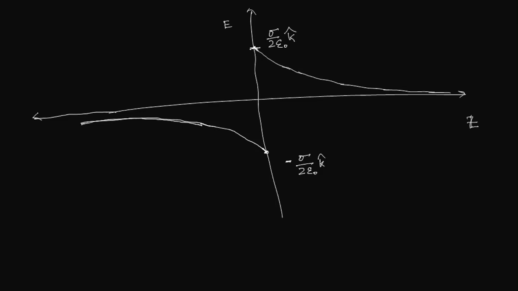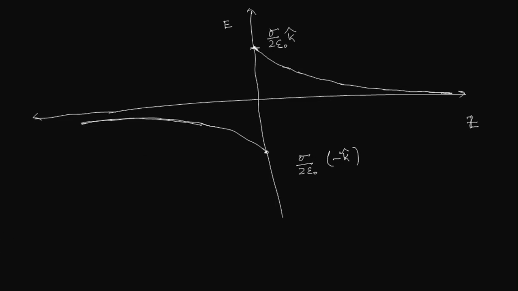So the magnitude is sigma by 2 epsilon naught, and the direction is minus k cap. If we increase the value of z, the magnitude of the electric field will decrease, and at large distance it will almost drop like 1 by z square.